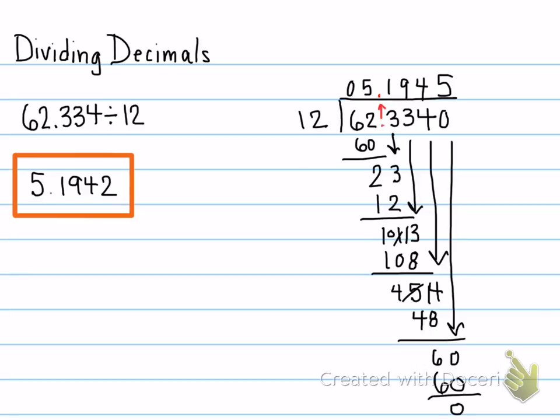Okay, so now we need to talk about what happens when you have a decimal in the number you are dividing by. So let's say I'm dividing 3 and 19 hundredths by 2 and 5 tenths. Now this time I have a decimal in both of my numbers, the divisor and the dividend.